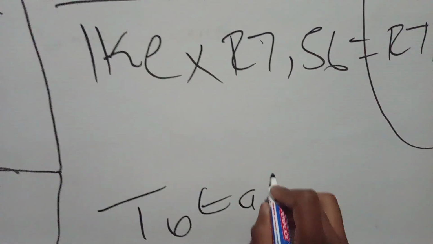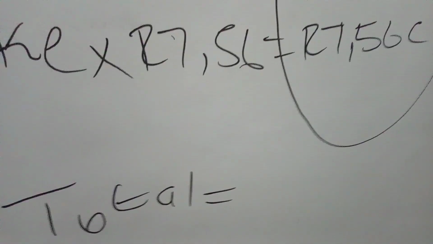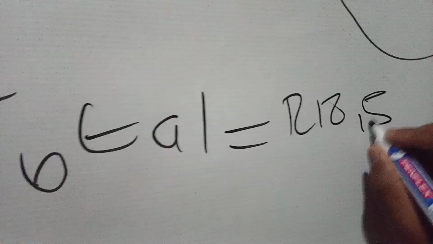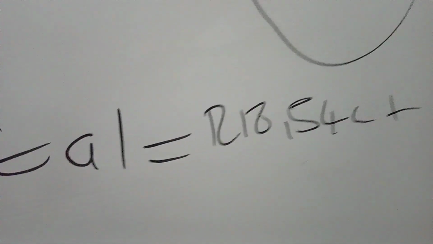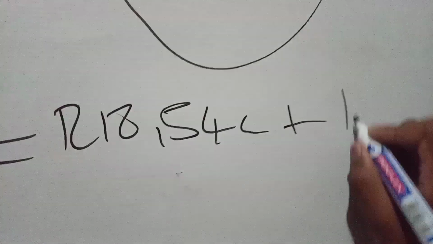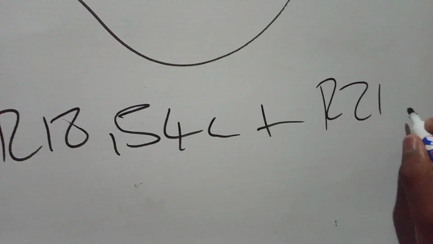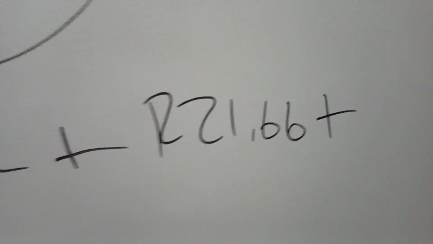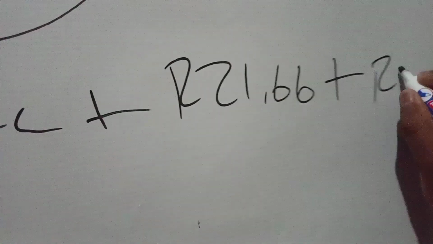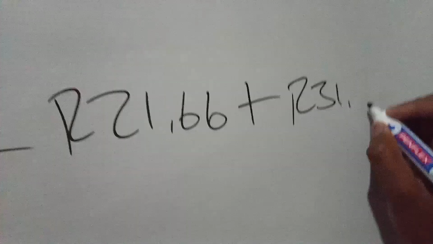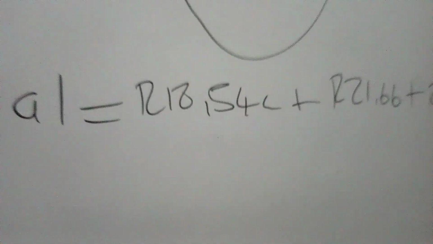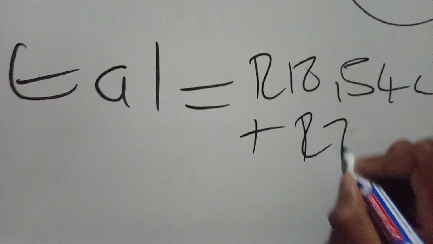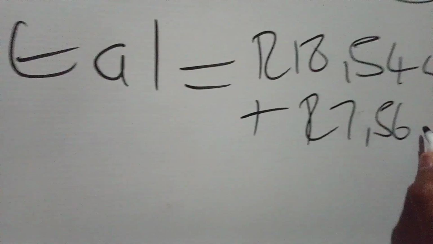Total equals 18 rands and 54 cents, plus 21 rands and 60 cents, plus 31 rands and 5 cents, plus 7 rands and 56 cents.